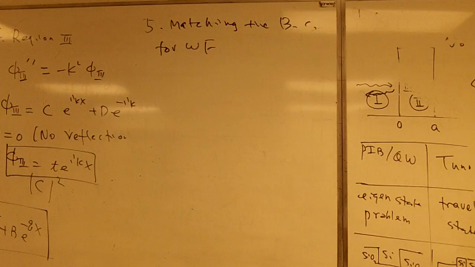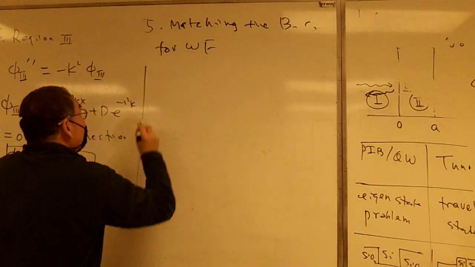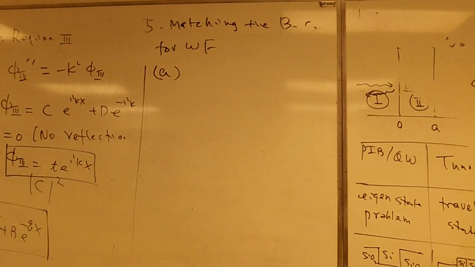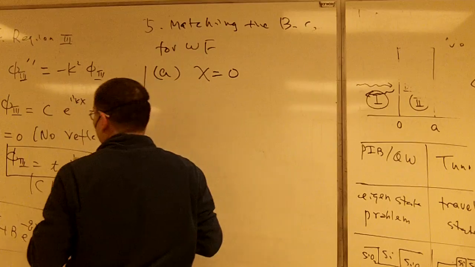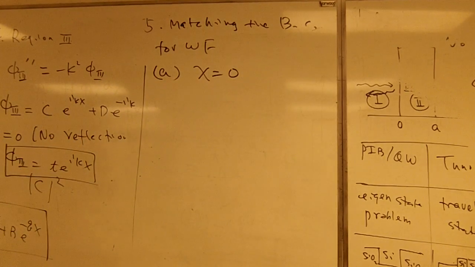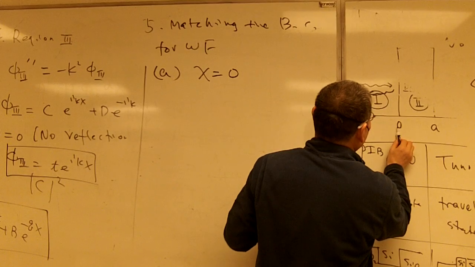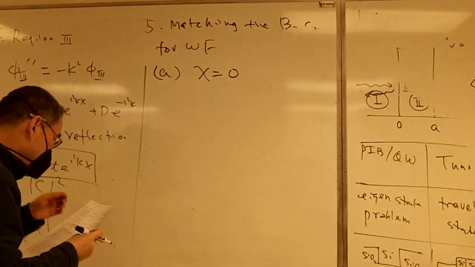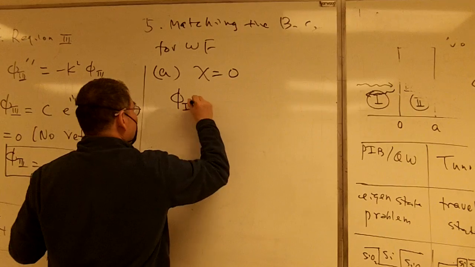So now we're going to go over part A first. In this part A, I want to show you the boundary condition at x equals 0, which is the boundary at this location. Then we will move on to x equals a. In this case, the two wave functions must be equal to each other.